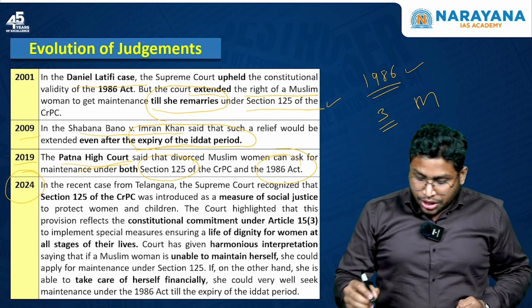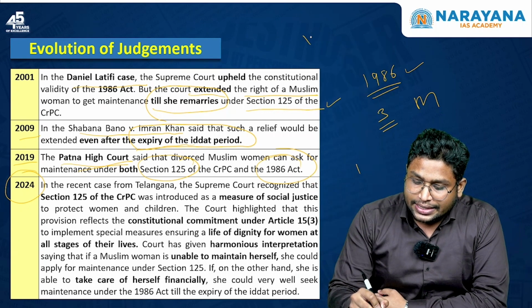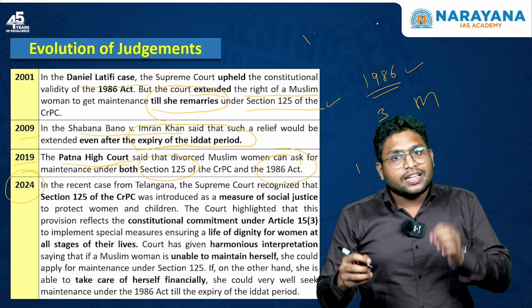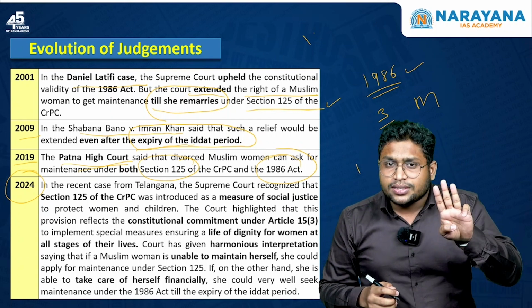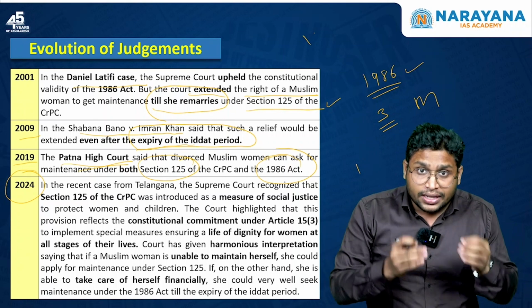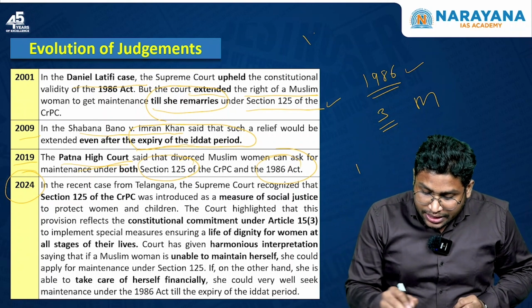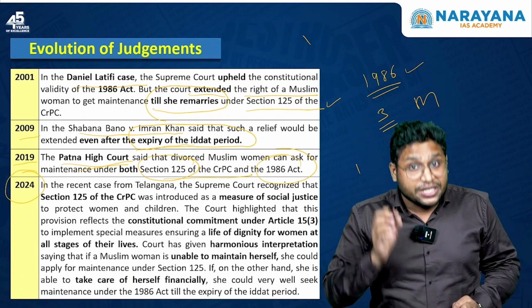In that case, she should apply for maintenance only under the 1986 Act. So what will happen? She will get maintenance only for 3 months. And in case there is a family in which the woman is not capable of earning, not financially independent, she should apply under Section 125 of the CrPC.